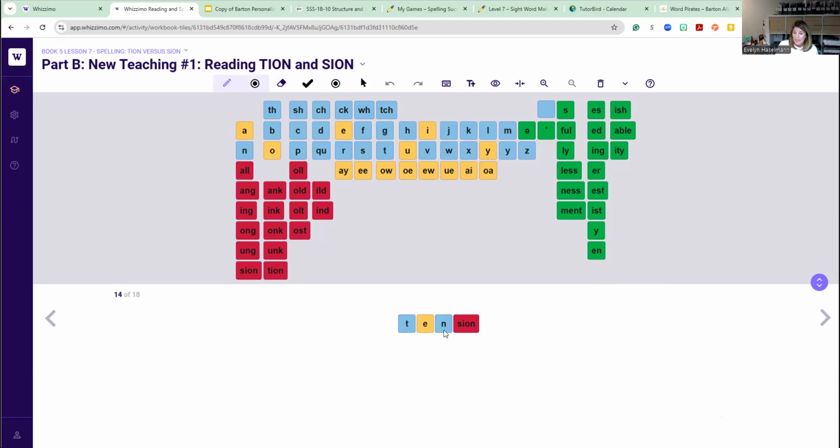Same thing with this one. Ten, shun. This is a consonant, so it's not going to vibrate. It's going to go back to its regular old shun sound. Okay, so same with this one, which is the word extension.